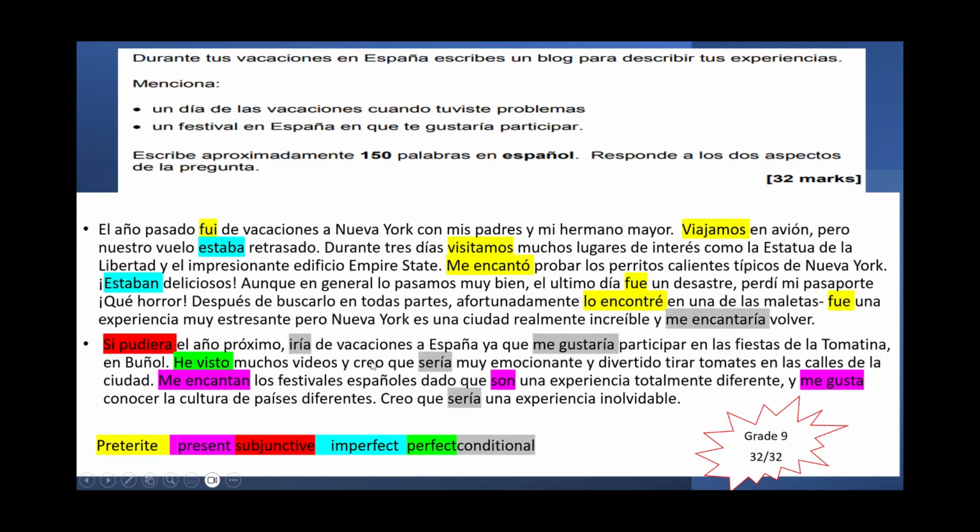He visto muchos vídeos y creo que sería muy emocionante y divertido tirar tomates en las calles de la ciudad. Me encantan los festivales españoles, dado que son una experiencia totalmente diferente y me gusta conocer la cultura de países diferentes. Creo que sería una experiencia inolvidable.